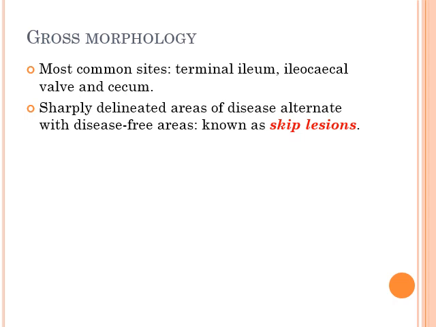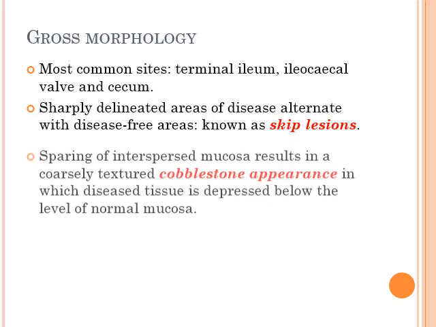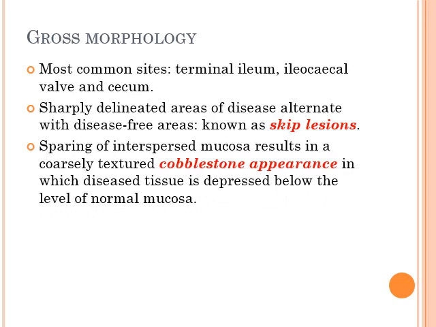These are called skip lesions, where there is skipping of normal mucosa in between two diseased mucosa. Because of this sparing of mucosa in between the diseased mucosa, you get a coarsely textured cobblestone appearance in which the diseased tissue is depressed below that of the normal tissue.